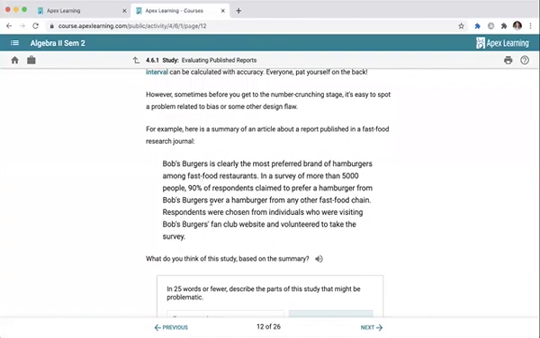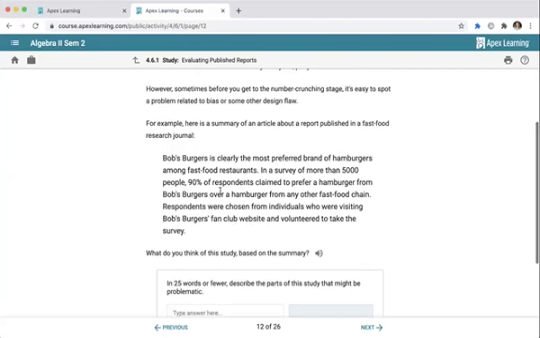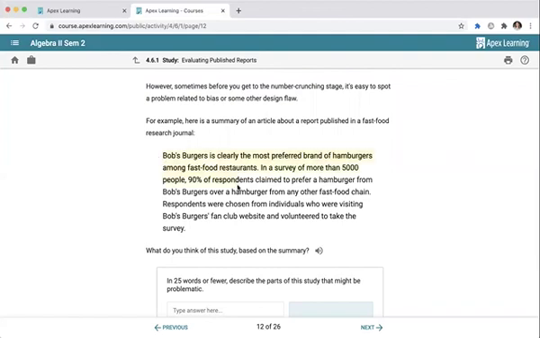Looking here at this study, it's sometimes easy to spot problems related to bias or design flaws. So for example here, Bob's Burgers is clearly the most preferred brand of hamburgers among fast food restaurants. In a survey of more than 5,000 people, 90% of respondents claimed to prefer a hamburger from Bob's over a hamburger from any other fast food chain.